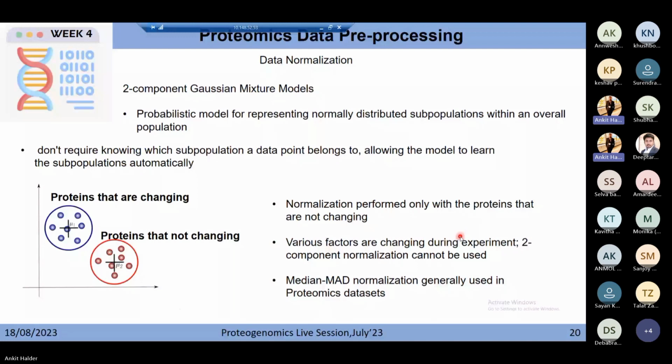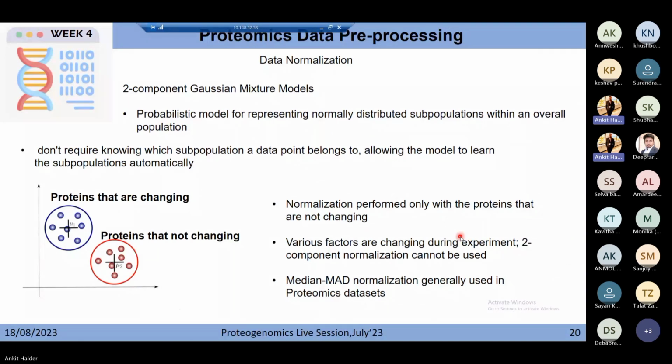That's why generally the median MAD normalization is used. It doesn't make a lot of changes, it doesn't depend on your sample size and all those things, and it helps you reduce your technical variations and the bias.